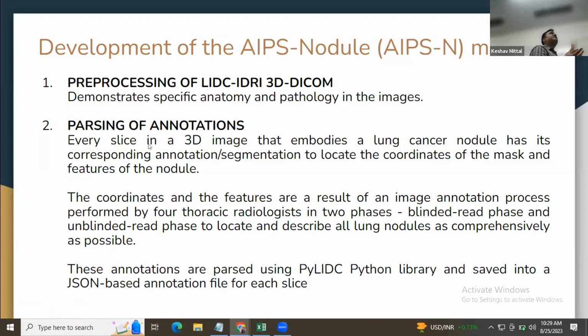So it's not like this. Normally, an image like in your phone, when you take a selfie, you get a two-dimensional image, which has an x-axis and y-axis.